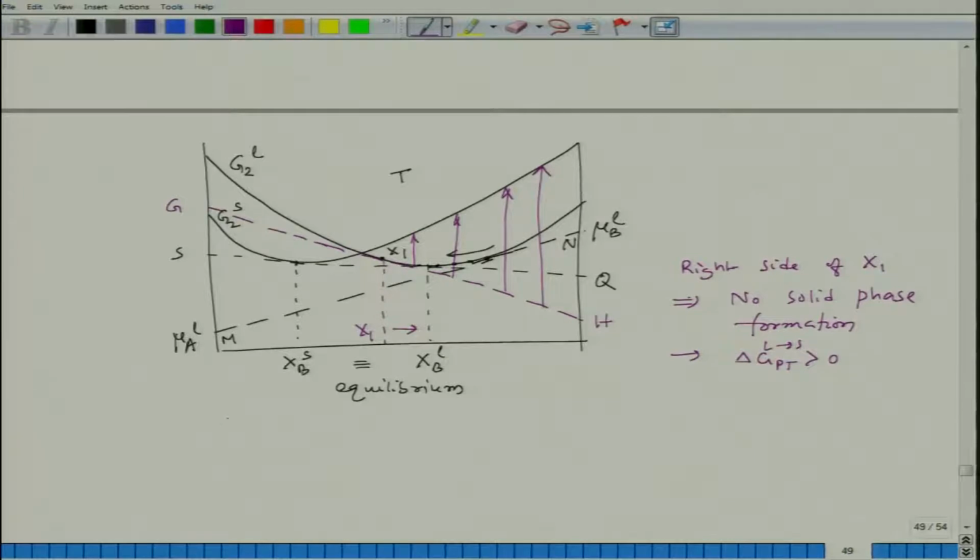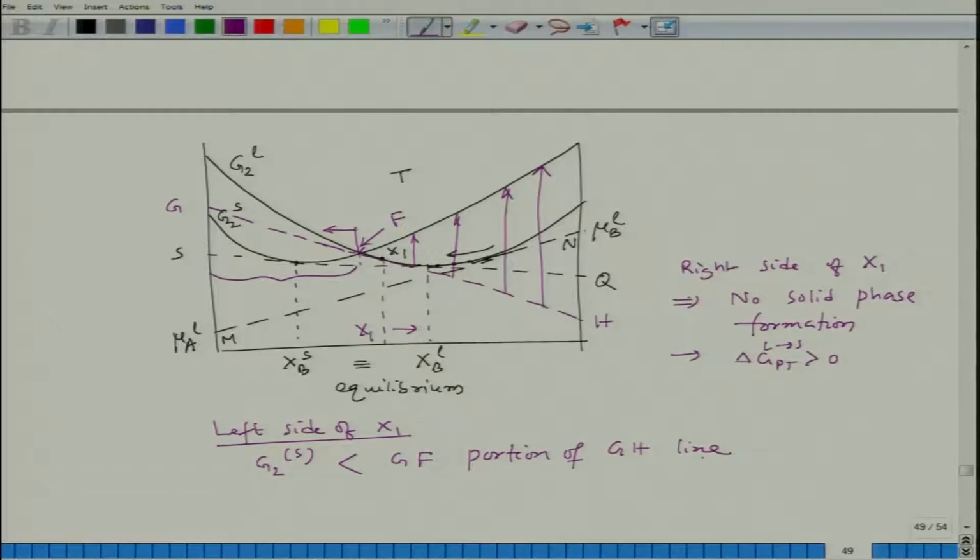But on the left side of X1, the situation would be different, between this point to the left of this point. So now on the left side I could see that between this point to this point, G2S is less than, and if I give a notation to this point as F, the GF portion of the GH line, and what is the GH line?